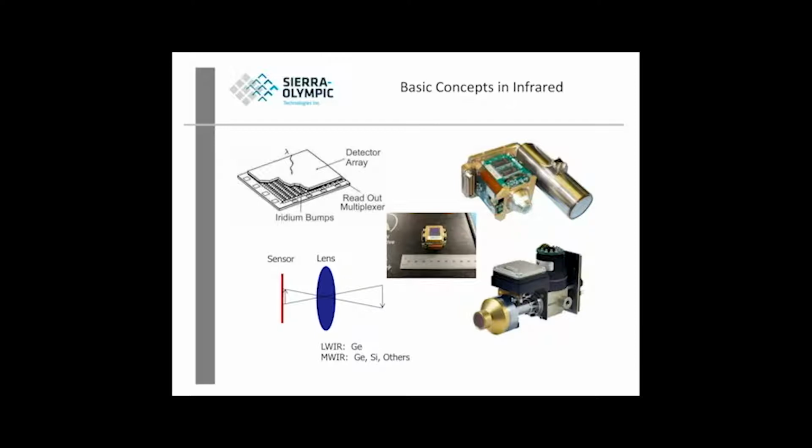This one happens to be a vacuum package sensor, but basically it's just a sensor sitting on top of some electronics, more akin to what you see with a visible sensor, meaning no cooler. So clearly the uncooled sensors are going to be smaller, the cooled sensors are going to be bigger and heavier.